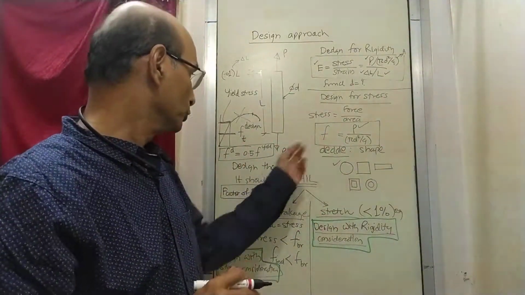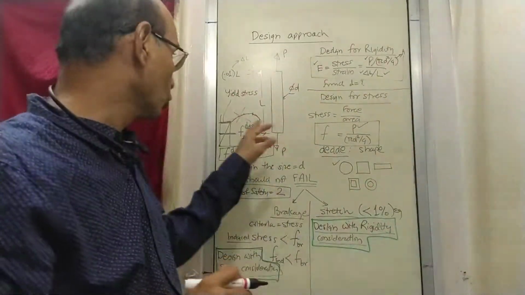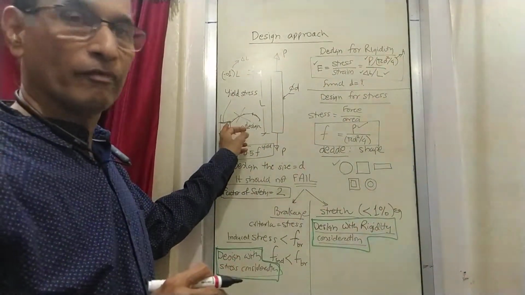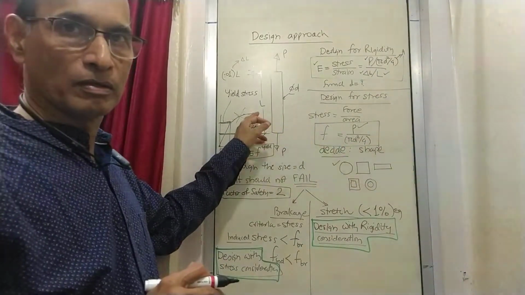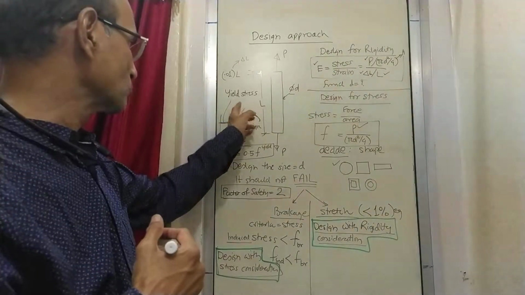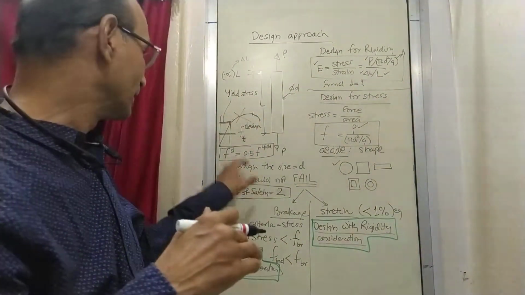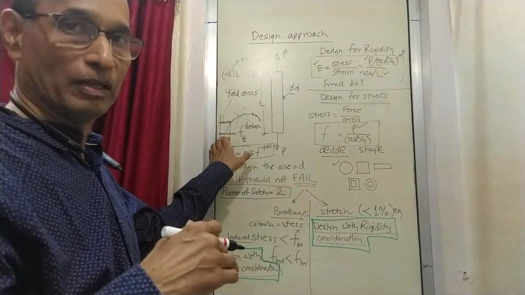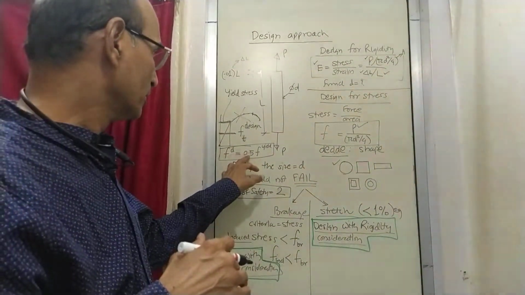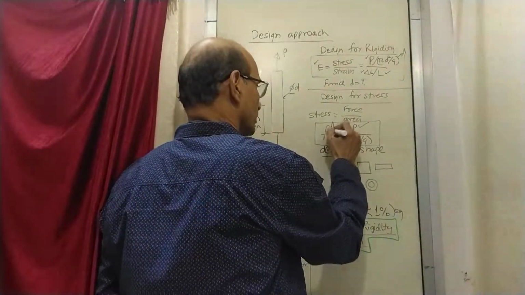Now what we do is take this value: whatever material is selected will have its own yield stress, where yielding starts, that means the non-reversible situation starts. To that yield stress we apply a factor of safety of 2, that means you divide it by 2, and make that stress even less, 50%. And then this design stress value we use here, F T design.